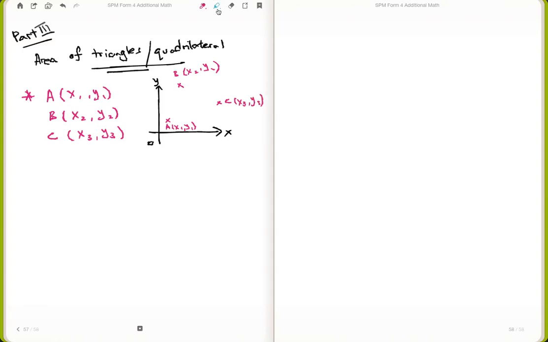So that I could have a triangle that looks like this, or maybe C could be on over the left hand side. Doesn't matter, but as long as in chronological order or in ascending order.